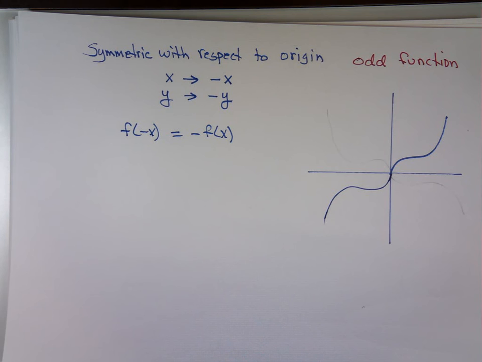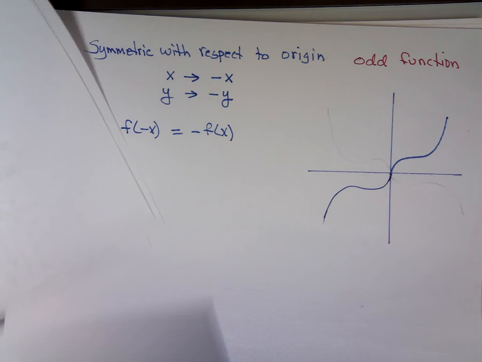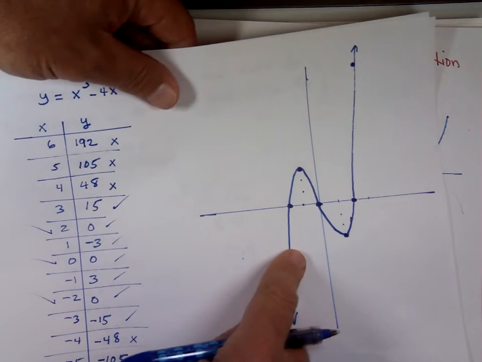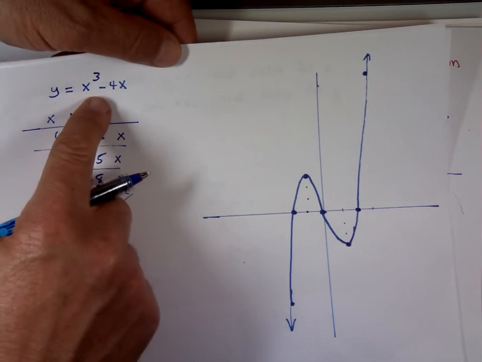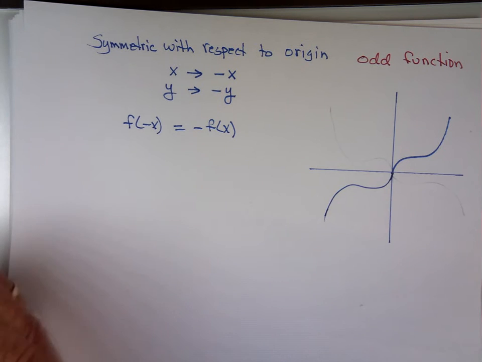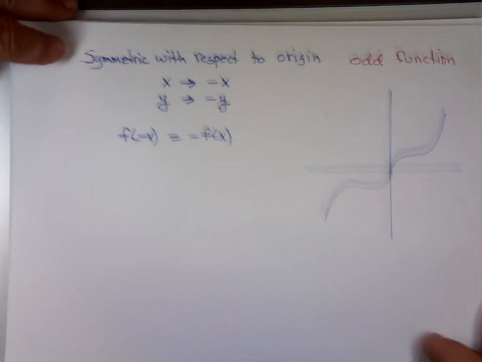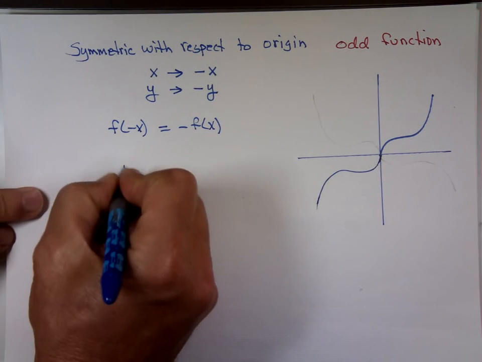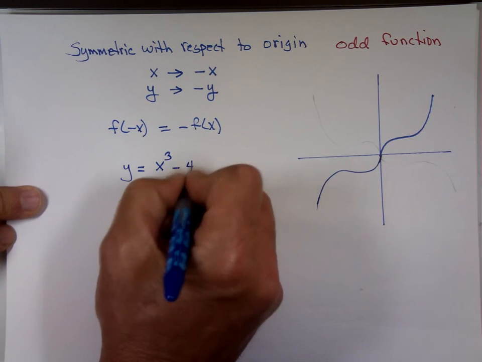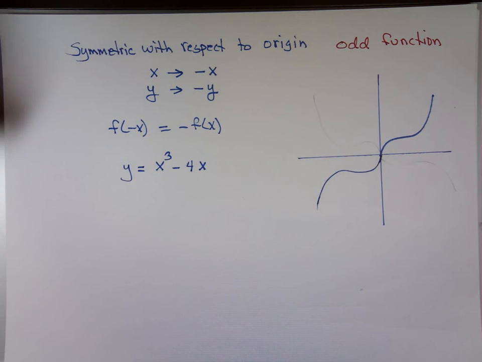Let's take that function because that looks like it is symmetric with respect to the origin. The one we did early. This one. Y equals x cubed minus 4x. Replace x with negative x and y with negative y.